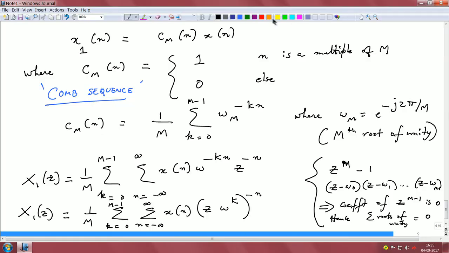It is just routine algebra, and then if you interpret this equation here, this is basically X of z omega power k.